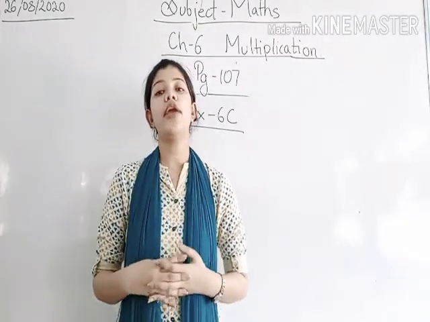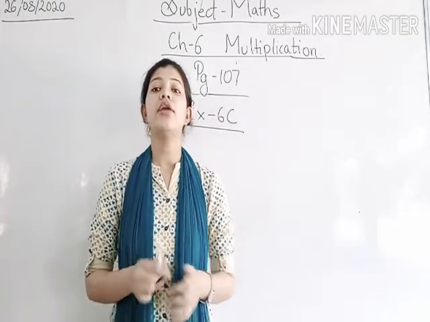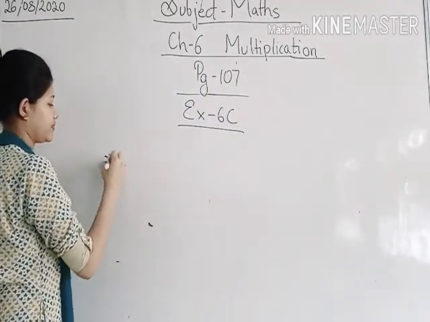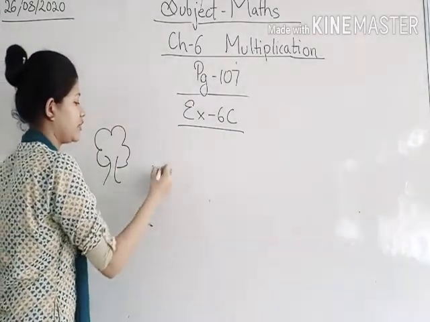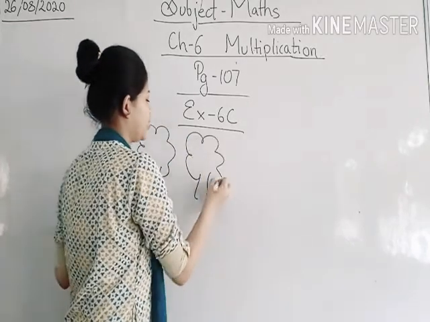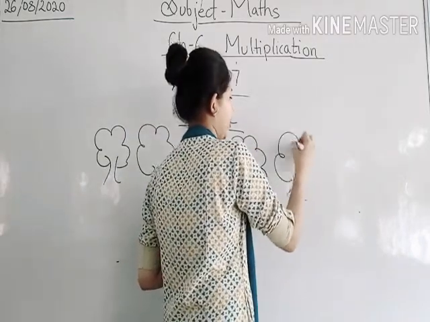Okay, so if I give you a question that there are 5 trees. How many trees? 5 trees. 1, 2, 3, 4 and 5.